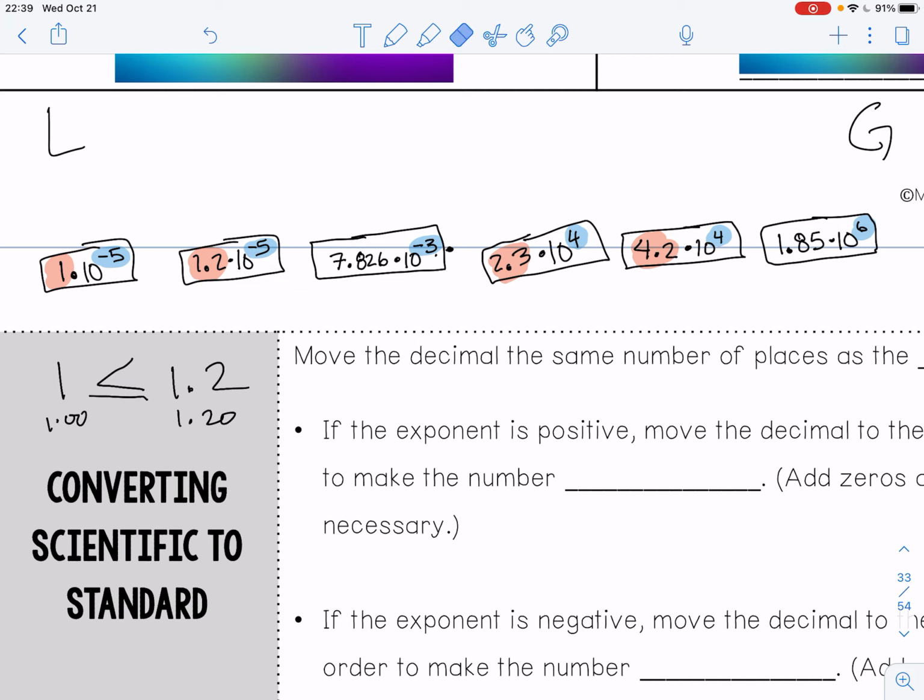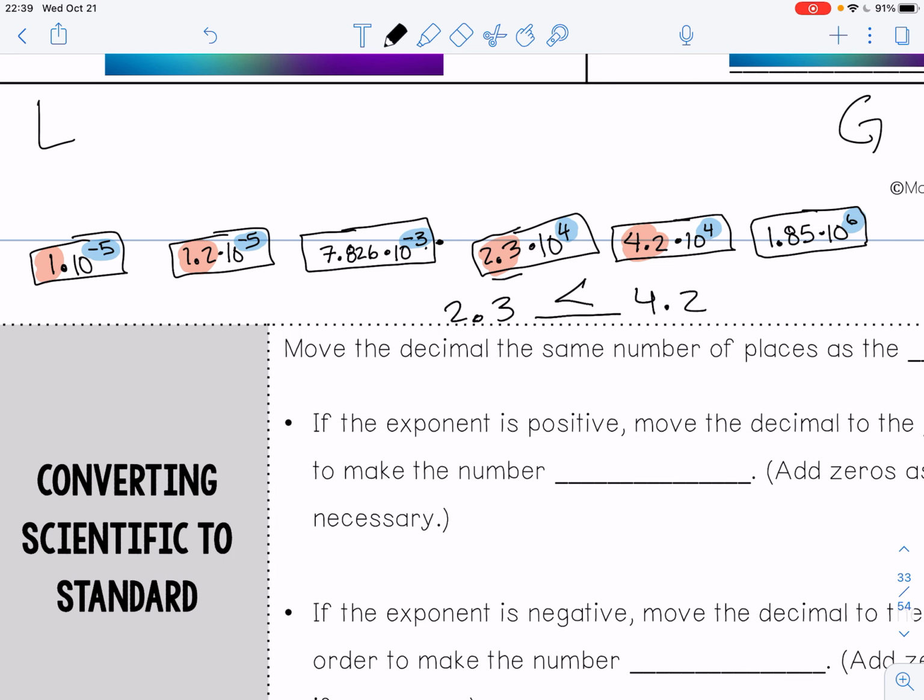All right, so let's see if we need to make a change for the other one. Over here we've got 2.3 and we've got 4.2. So which is bigger, 4.2 or 2.3? Well, obviously 4.2 is bigger than 2.3, and it looks like they're already in the right order.